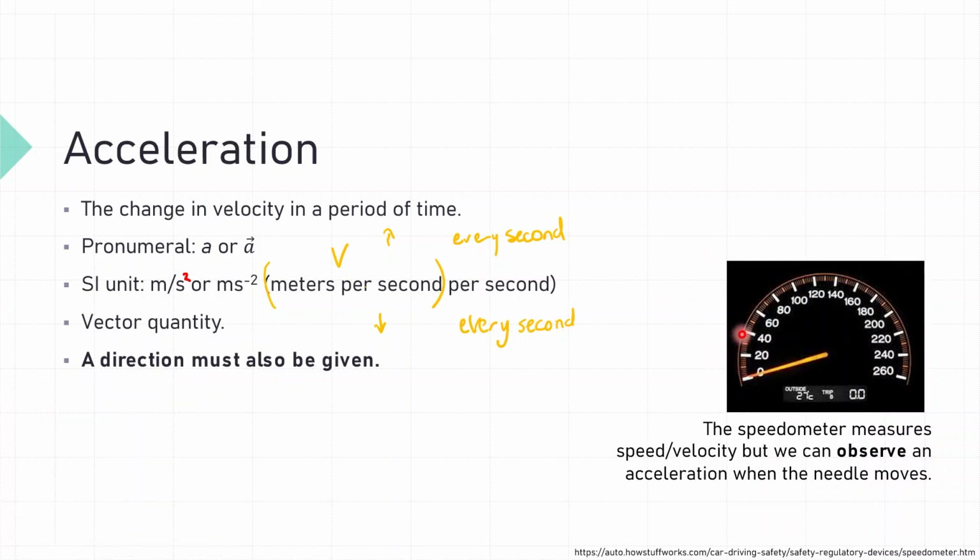So we have our speed shown here, no direction, so technically it is speed. So when we see acceleration that's increasing, we'll see the needle moving up. The quicker the needle moves, the quicker the acceleration. The slower the needle moves, the slower the acceleration. The same can be said when slowing down is happening. That's just acceleration in the opposite direction.